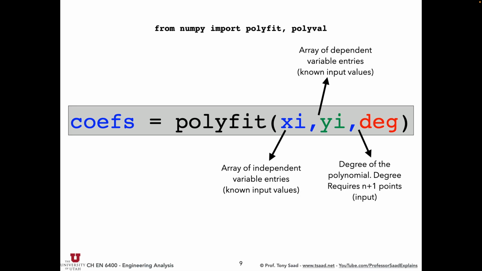Your degree is the order of the polynomial you're trying to fit. That's the number you put in. For interpolation, degree needs to be equal to the number of data points minus 1. For interpolation. If you do anything less, it becomes regression. We're going to talk about this later. So if you had 50 data points, to get polynomial interpolation, you have to put degree 49.